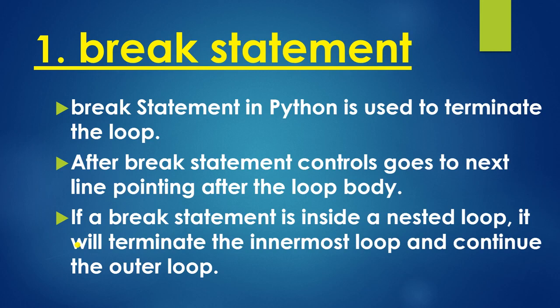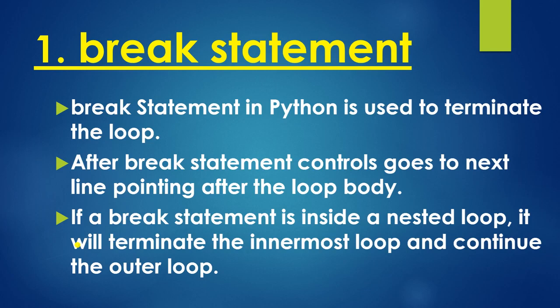The first one is the break statement. The break statement in Python is used to terminate the loop. It will terminate the loop after the break statement. Whatever code is in the loop after the break statement, the compiler will not run it.